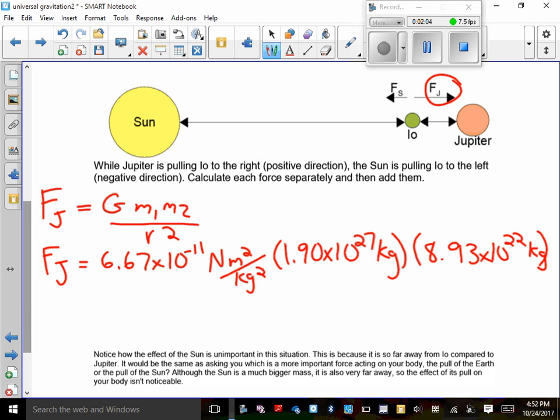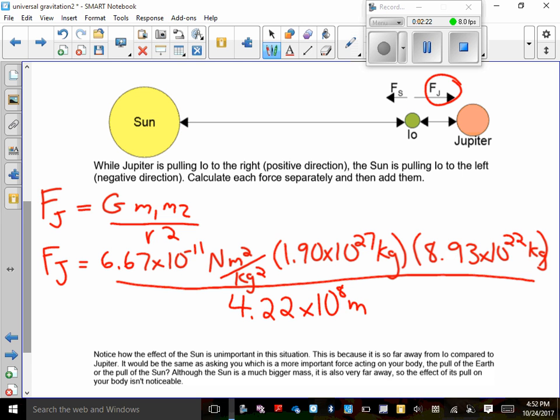Okay, and we're going to divide all of that by the distance between Jupiter and Io, which is 4.22 times 10 to the 8 meters. And the formula says that we now square this.